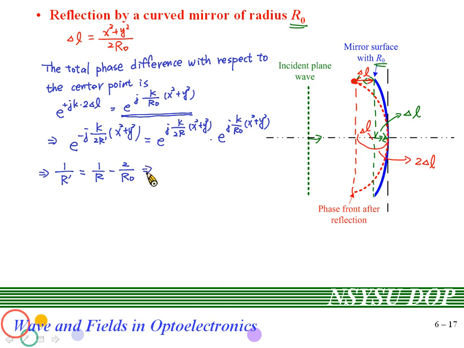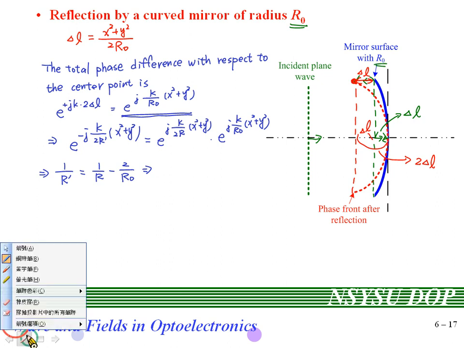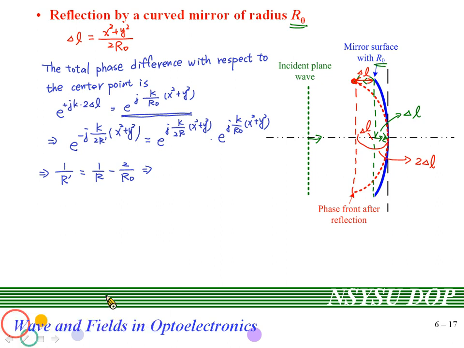And due to this relationship, we can obtain the Q transformation for the reflection by a curved mirror. That is this one.